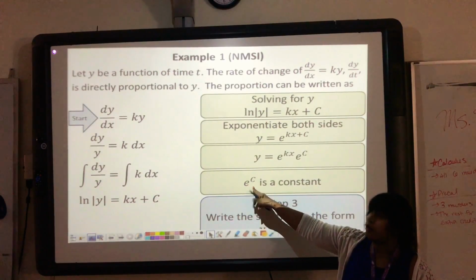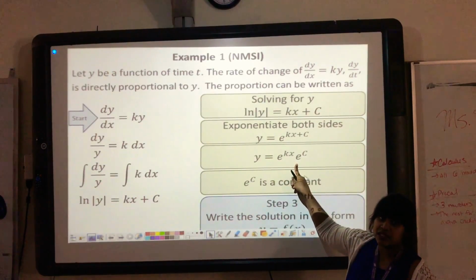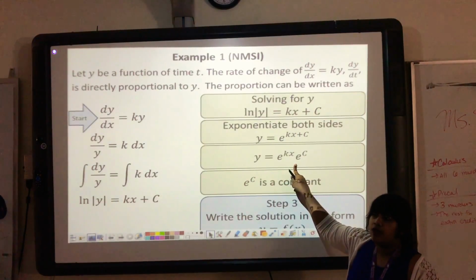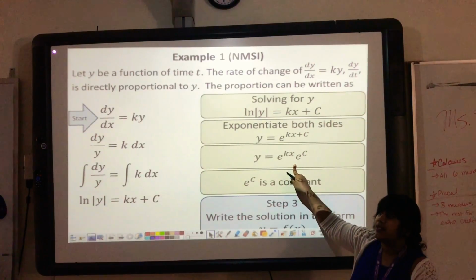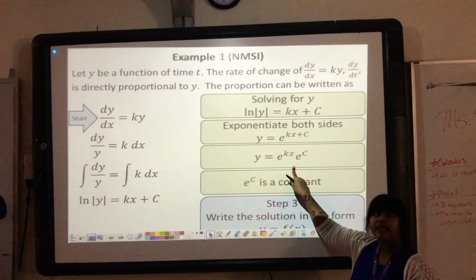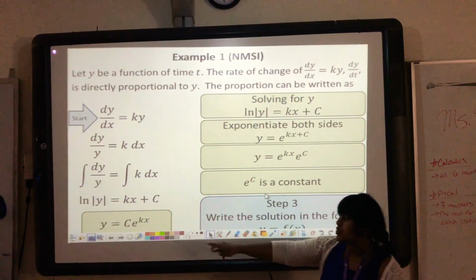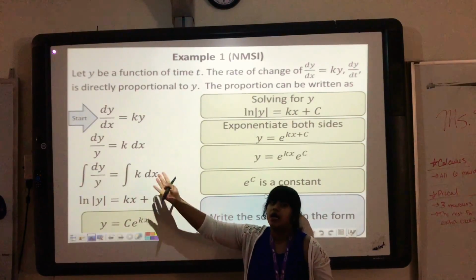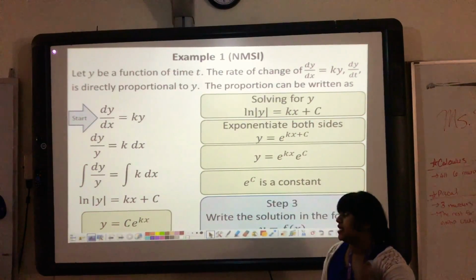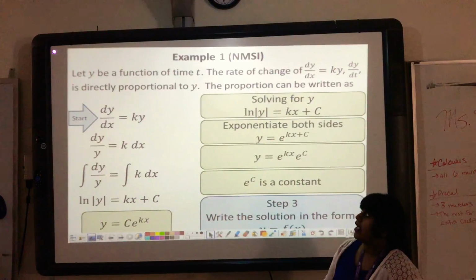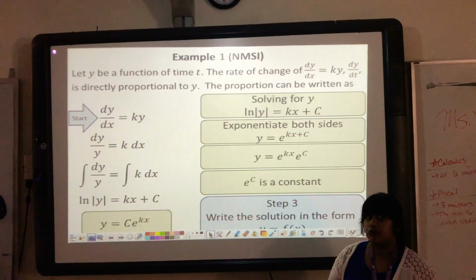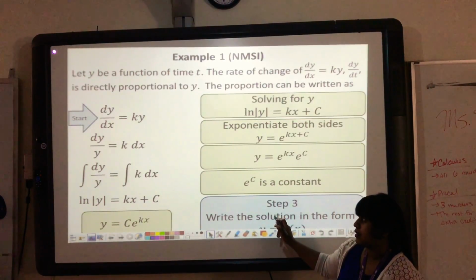So I can pull that out and call this whole e to the C my constant. We can relabel it big C, or big A, or any other variable we want, and it just becomes a constant at the front. So y is equal to some constant times e to the power kx, where k is our exponential growth or decay constant that we're going to be talking about today.